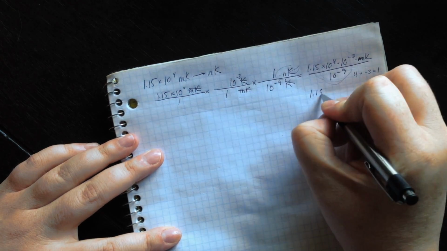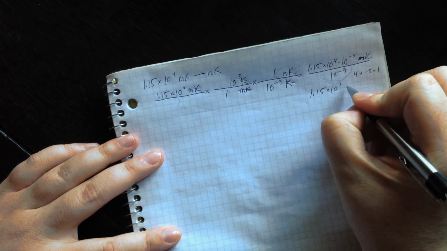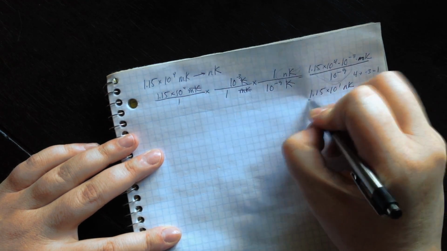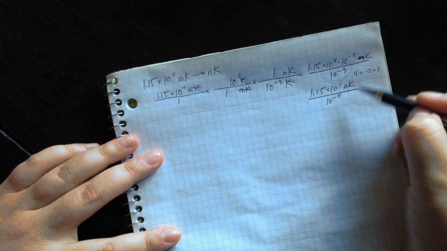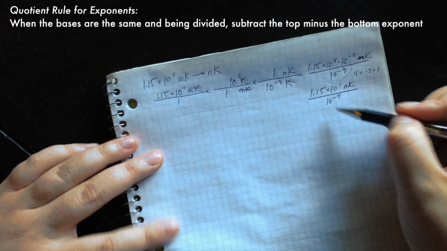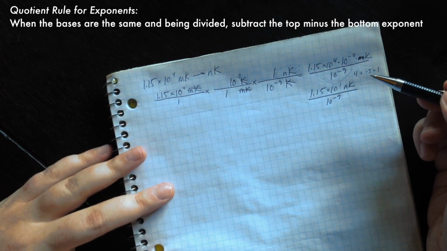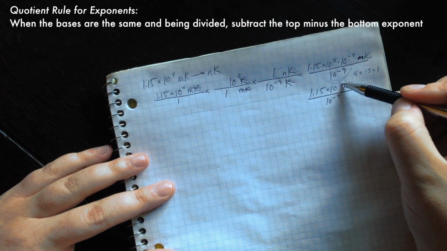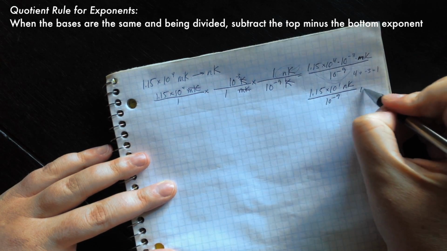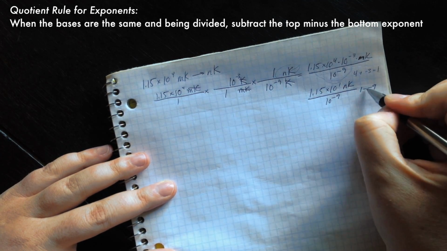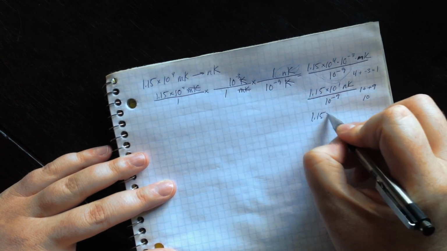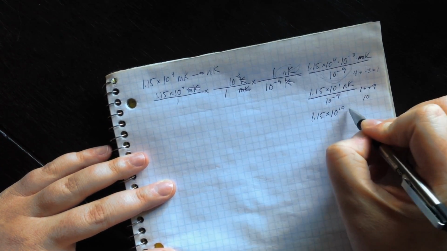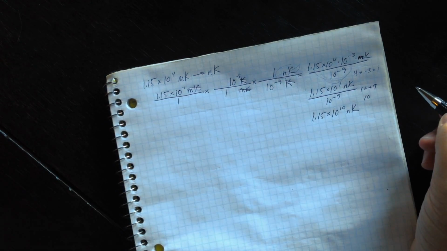So we can rewrite this as 1.15 times 10 to the 1st nanokelvin, all over 10 to the negative 9th. And now, when we have 2 bases that are being divided, that's the quotient rule for exponents. So we take the top minus the bottom. And 1 minus negative 9 is positive 10. So our answer is 1.15 times 10 to the 10th nanokelvin.